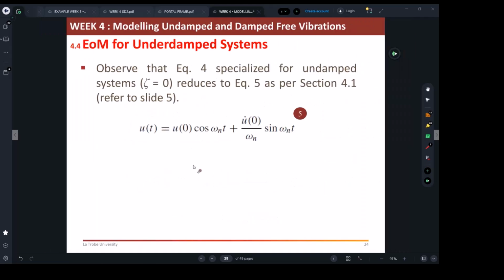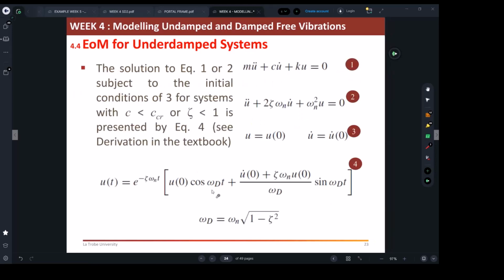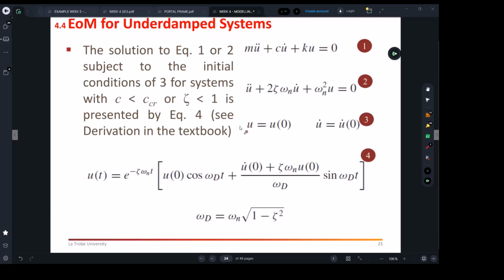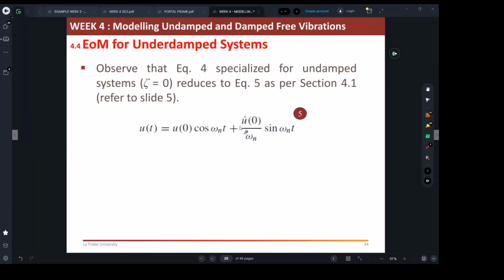Now, let's graph it. Before we graph it, the systems we're talking about are under-damped. And remember, we were talking about free vibration with damping.